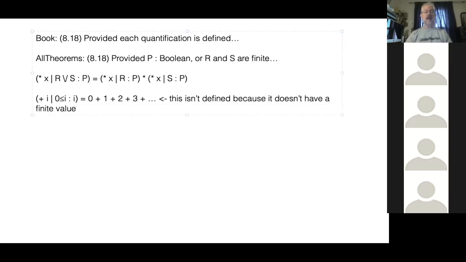So when the book talks about quantifications being defined, they're trying to rule out that kind of case, because it turns out infinity is tricky in math and needs to be handled very carefully.